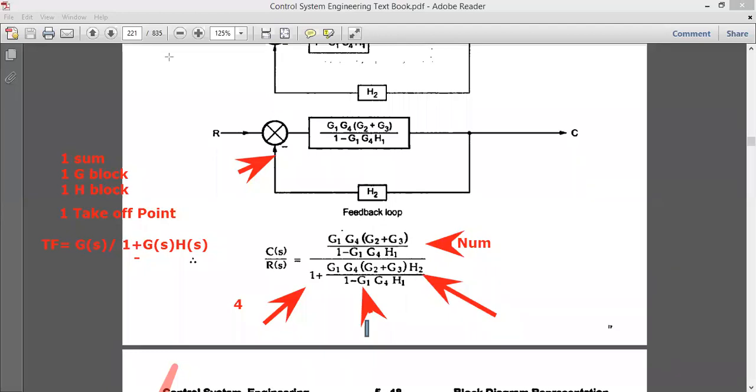If you do this much, then you get the last answer of your problem, that is nothing but your C of S divided by R of S. And that C of S and R of S is nothing but your transfer function, and that transfer function will give you the answer for the complete given problem.